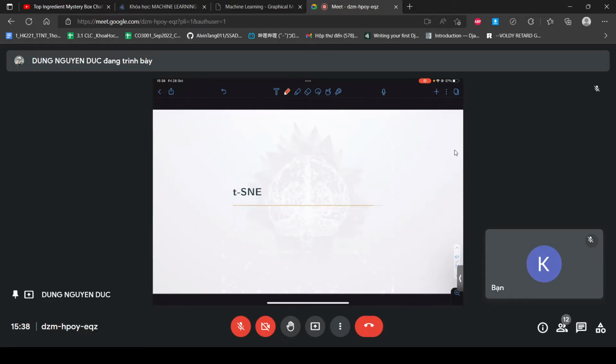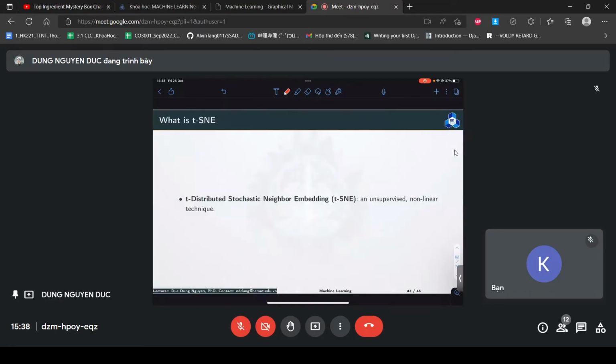I believe this is very useful for you guys, so I recommend you have your homework done by reading about t-SNE. I have a link to the original paper for t-SNE here in the material, so you may want to read that one.